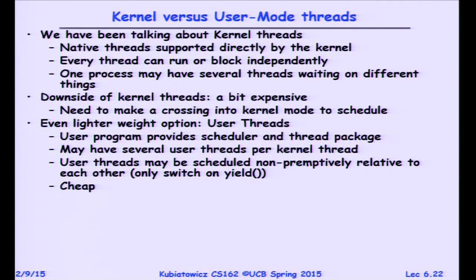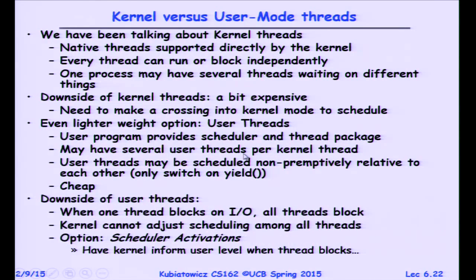It would be all blue. And yield is kind of the name of the game there, where I yield, that'll actually make a procedure call which will unload the registers into some local structures and load other registers and start a new thread. Okay? So that's a user thread. And you can imagine that's the cheapest option because we don't even have to go into the kernel to switch back and forth. And the downside, unfortunately, is exactly that.